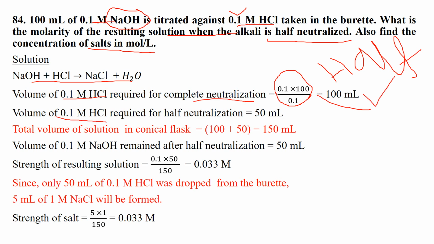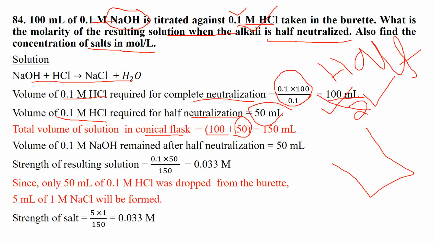Then the volume of 0.1 molar HCl required for half neutralization will be only 50 ml, because 100 ml is required for complete neutralization, so for half neutralization 100 by 2 ml of 0.1 M HCl is required. Then the total volume of the solution inside the conical flask will be 100 plus 50.